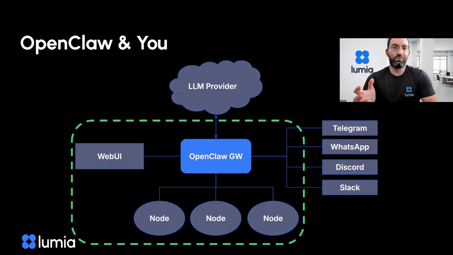The next setup that you might see is if you install OpenClaw somewhere in your organization, or if any other employee in the organization does. In this case, we'll probably have some sort of visibility or the ability to govern any part of that architecture: the gateway, the nodes, the web UI.